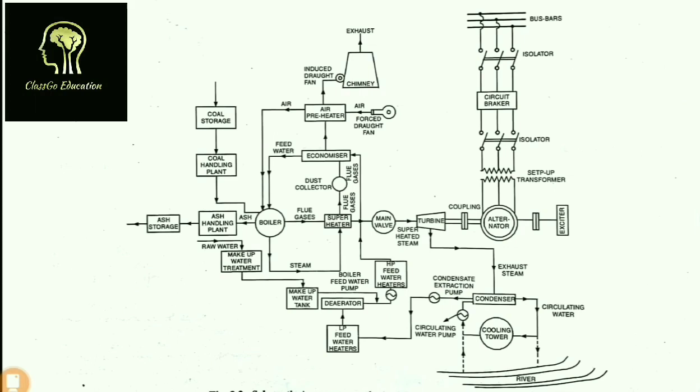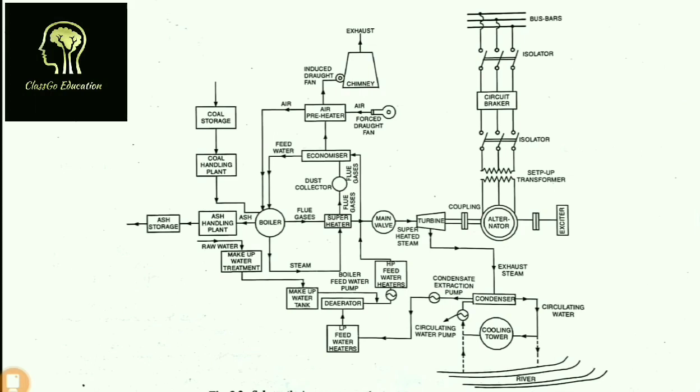Because in a steam power station more than 50% of the total heat of combustion is lost as heat rejected to the condenser, and this loss is unavoidable as heat energy cannot be converted into mechanical energy without a drop in temperature, and the steam in the condenser is at the lowest temperature. That is the reason that the thermal efficiency of a power plant is quite low, from 16% to 21%.